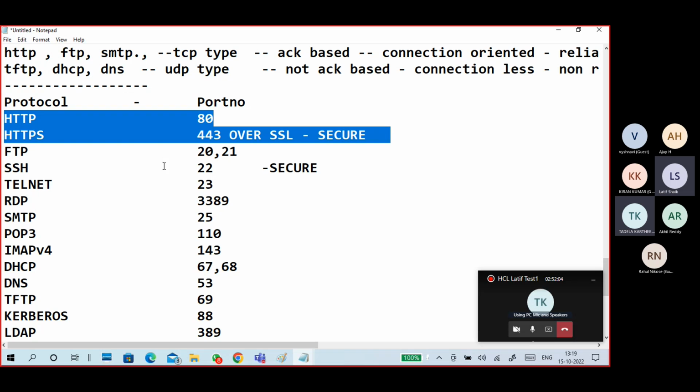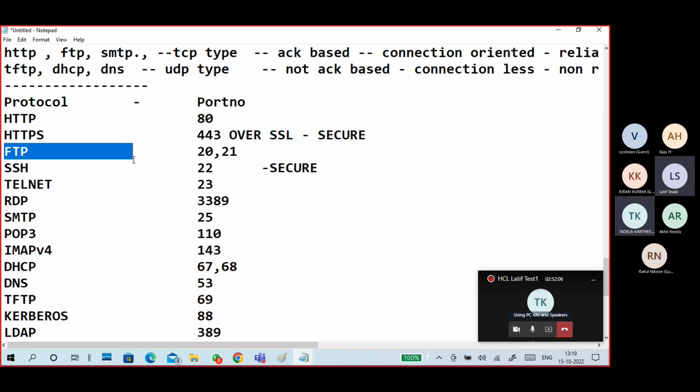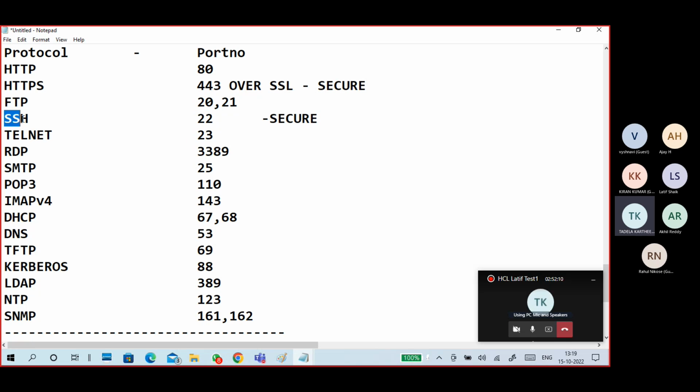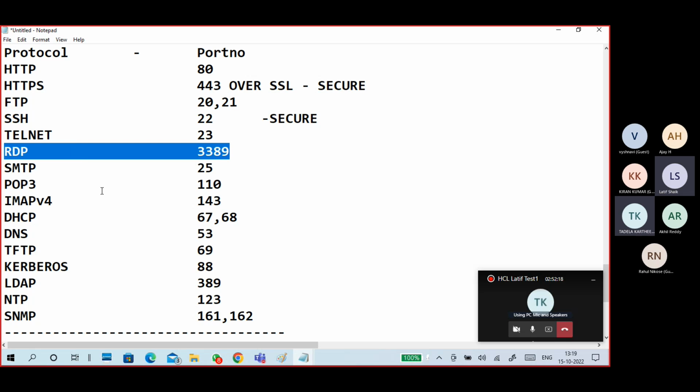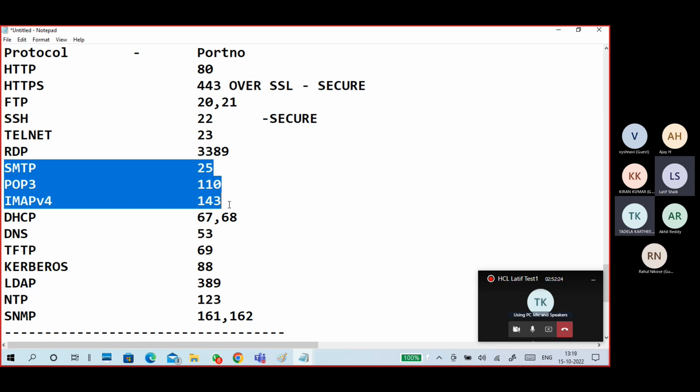That's the question, but you can also tell the remaining ones. FTP: upload and download a file. SSH and Telnet for connecting remote PCs with CLI based interface. RDP is GUI based connectivity to Windows. These three are for sending and receiving mails.